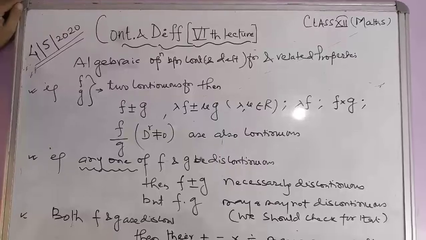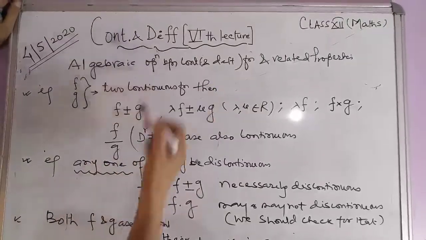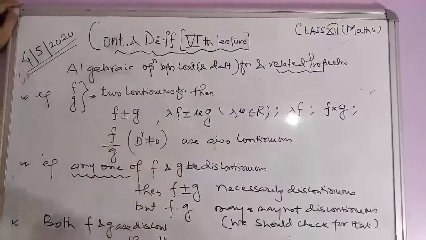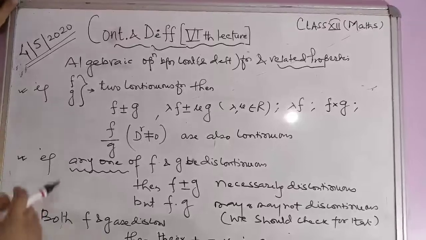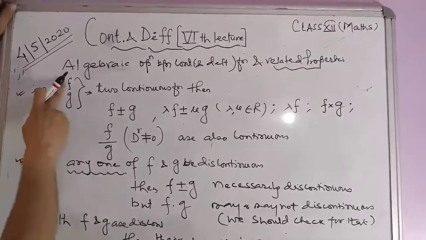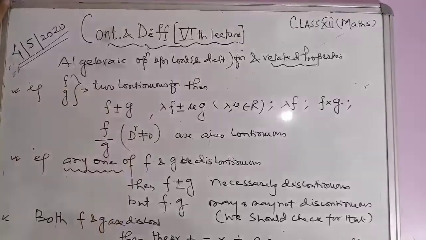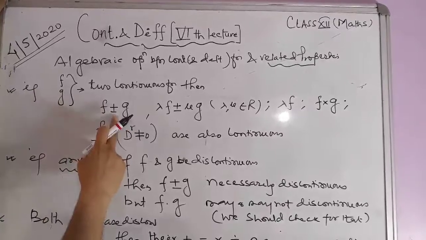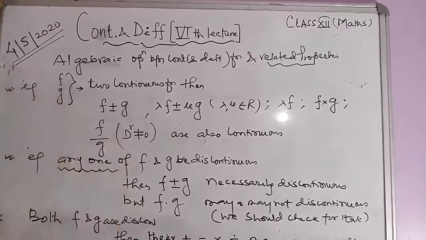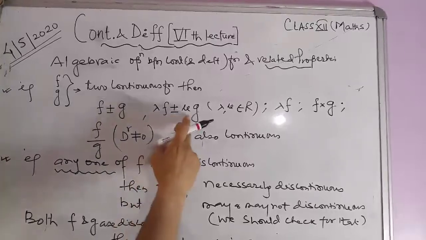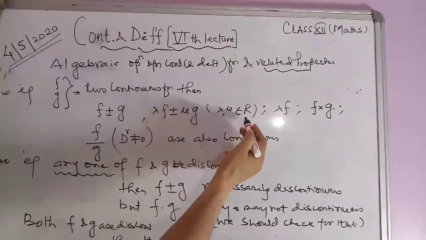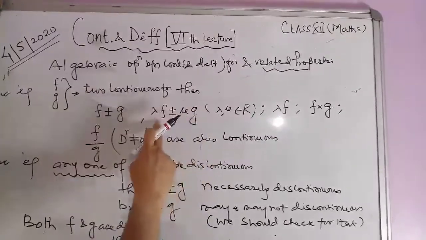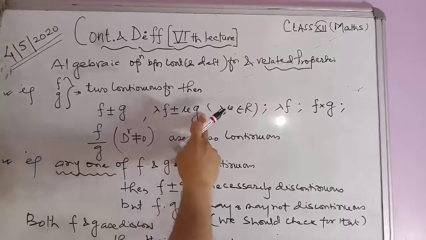Next, algebraic operations on continuous functions and related properties. These properties are directly used in problems. If f and g are two continuous functions, then their sum or difference, f plus minus g, lambda f plus minus mu g, where mu and lambda are any real numbers, like 2f plus 3g, 4f minus 7g, etc., is continuous.